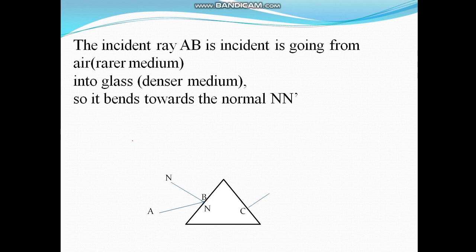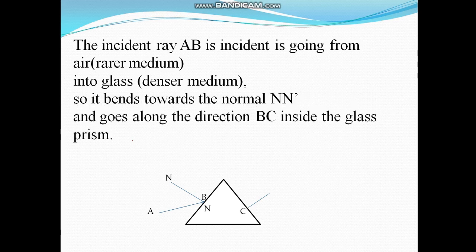We have drawn this normal NN, and so this light AB, which is the incident ray, is moving from air to glass. That means rarer to denser medium. It will bend towards the normal. So it will go along the direction BC. Now this is the refracted ray.